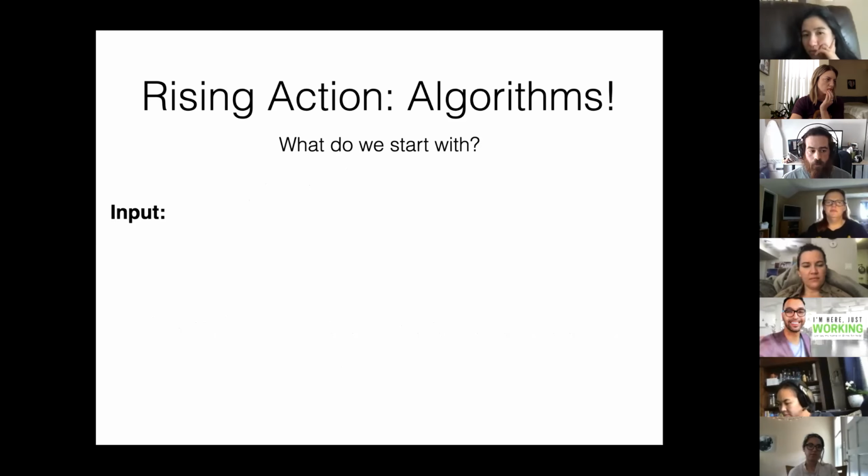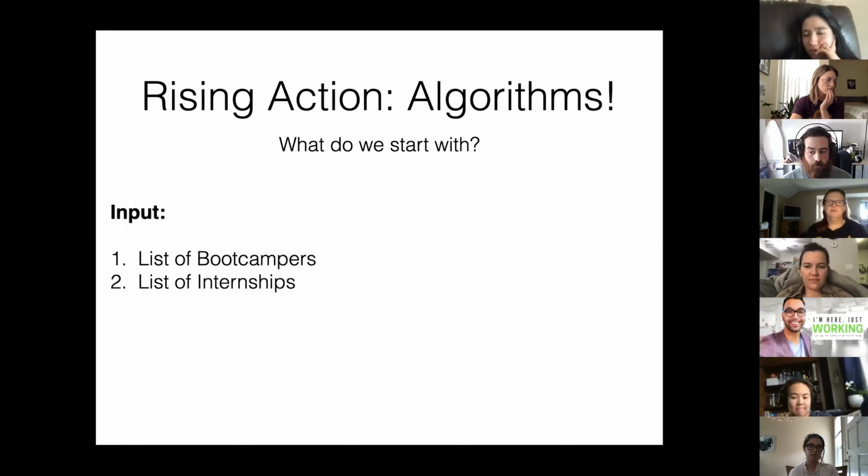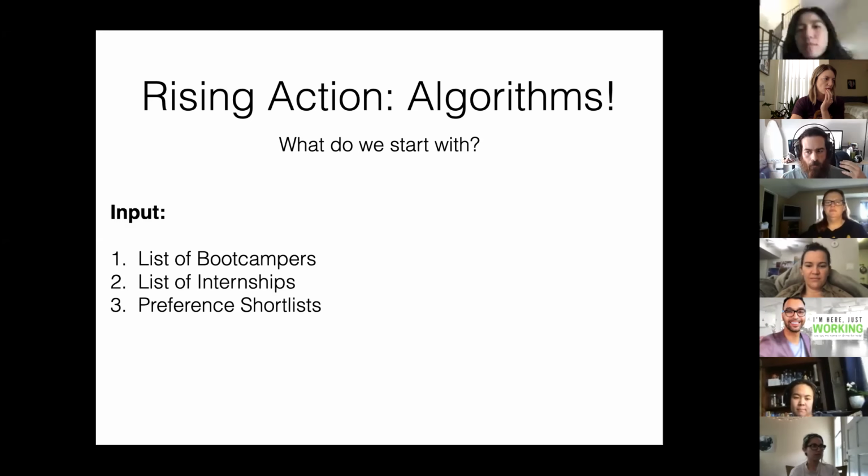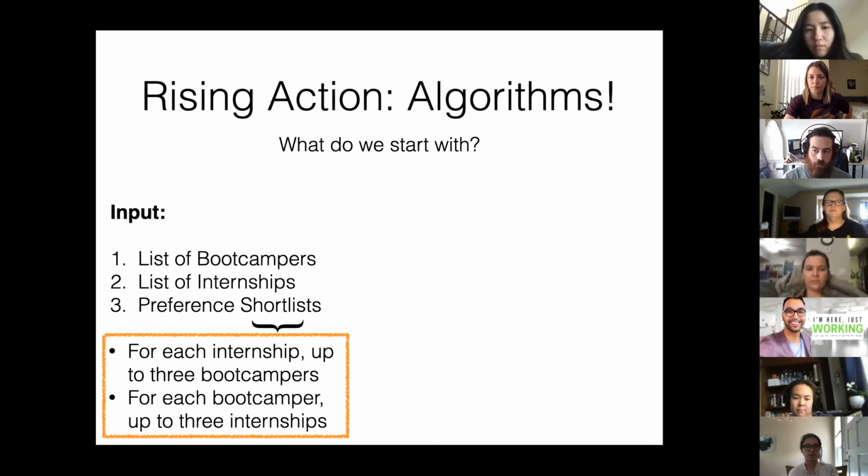So the input is going to be a list of the boot campers, a list of the possible internships, and then some kind of preferences, right? We need to figure out a way to model the relationship between boot campers and internships. So what I'm going to propose for this example is shortlists.